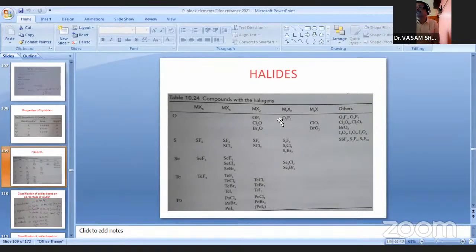All monohalides exhibit open book shape and sp3 hybridization. So this is all the information about halides of group 16 elements. You concentrate only on the hybridization, geometry, and how many lone pairs and bond pairs are present around the central atom. These 3 characteristics are very, very important.